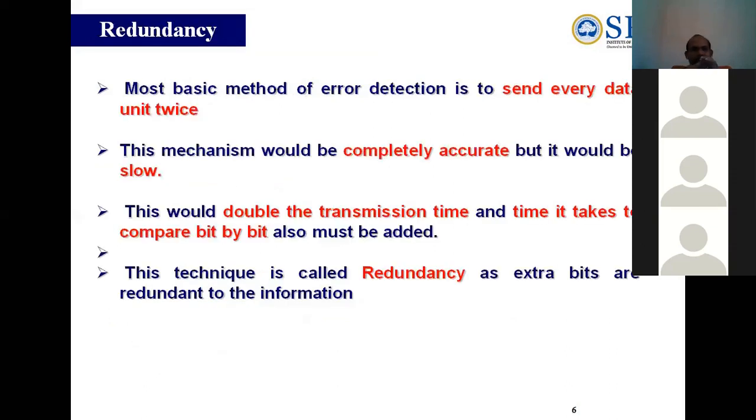Now, the first thing is that when you go for the CRC mechanism, there is a concept called redundancy. What is redundancy? Redundancy is when the same type of information is sent again. For example, you might have seen on a few websites, when you are typing a username and password, it will ask you to retype the password, confirm password.